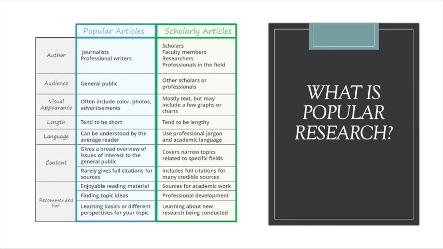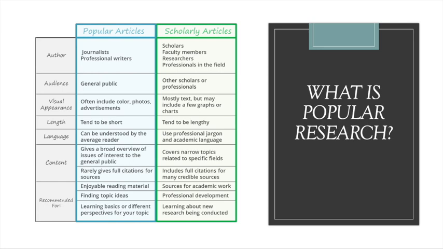They usually cover a narrow topic related to a specific field, and you'll always find the works cited or bibliography at the end of the article that will list in some kind of format, be it MLA or APA, the sources that were used in the article.